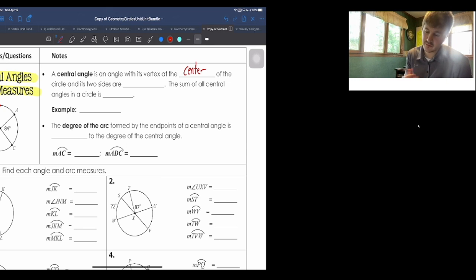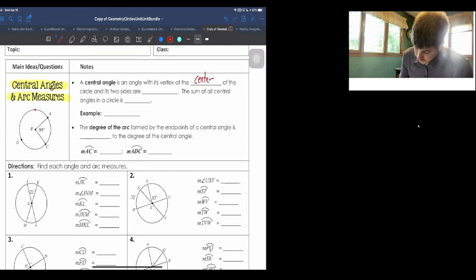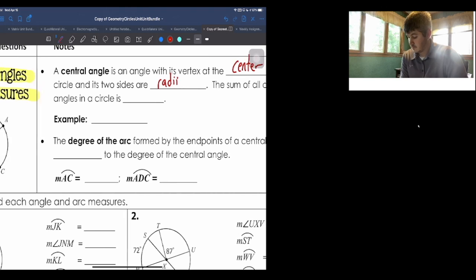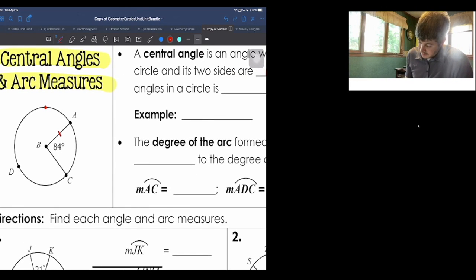Central angle comes from center of circle. If it doesn't come from the center, it's not a central angle. And the two sides are radii. So both sides of the angle are radii. Which tells me that whatever their lengths are, I don't know what it is, they're congruent to each other.